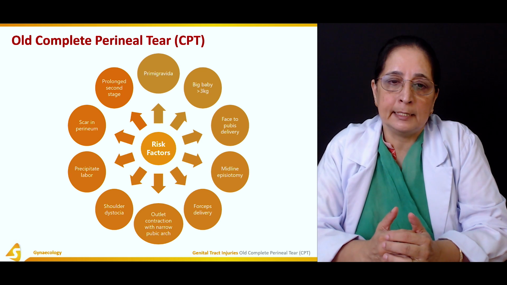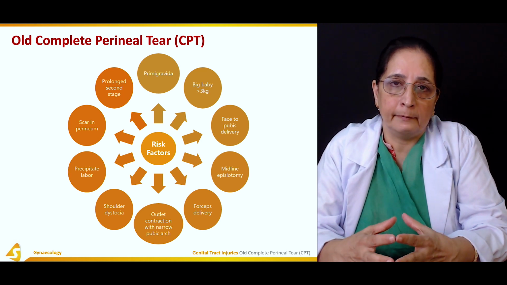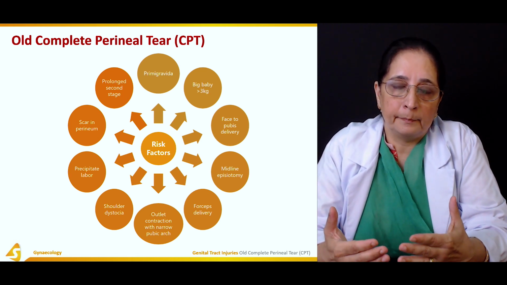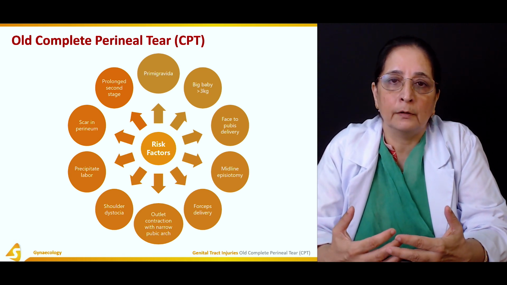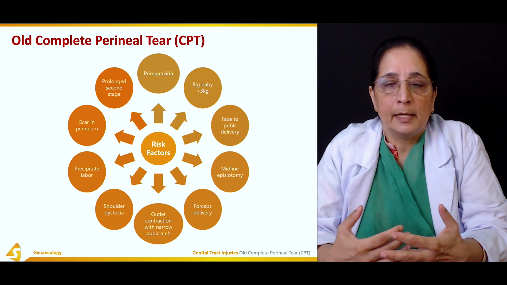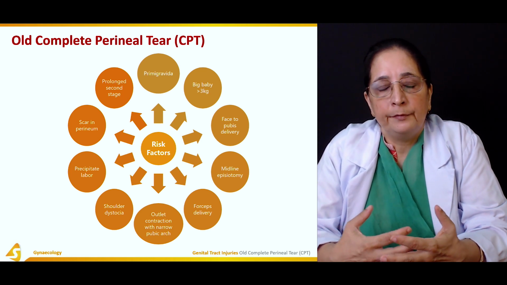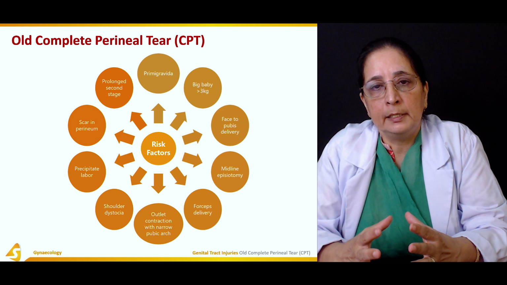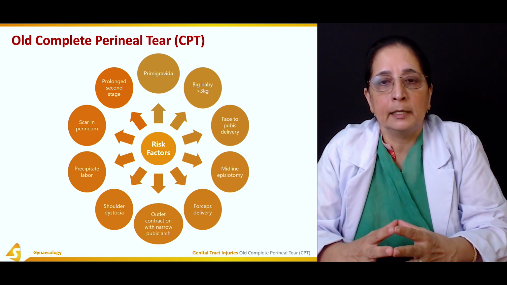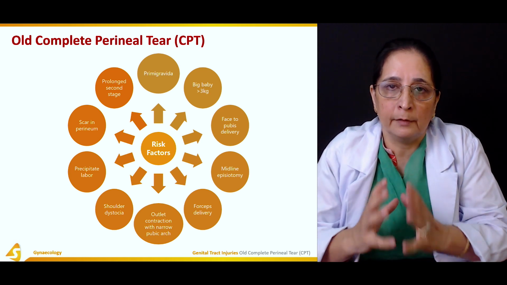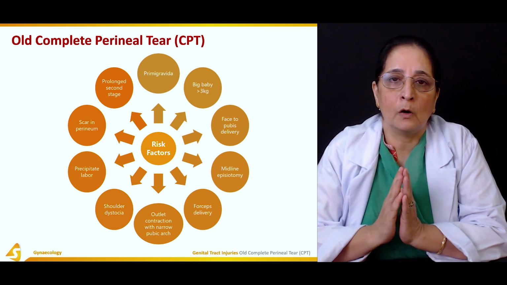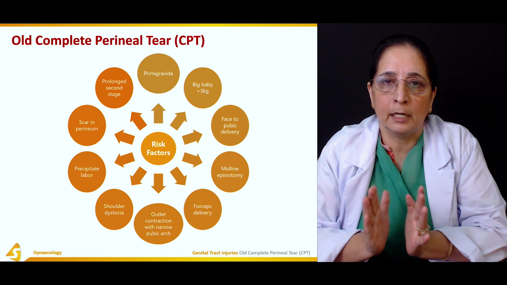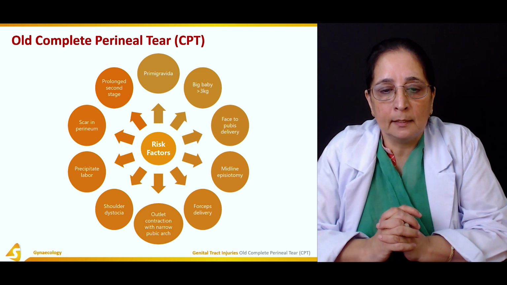Prolonged second stage, from the dilation of the cervix to the delivery of the baby, that's the second stage. So if the second stage of the delivery is prolonged, it can cause perineal tear, or if the baby is big, then the area is small or outlet is small, it can cause perineal tear.